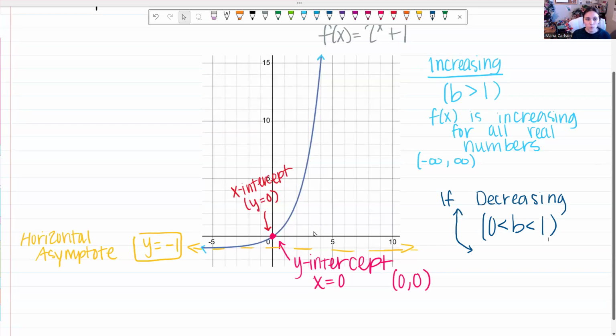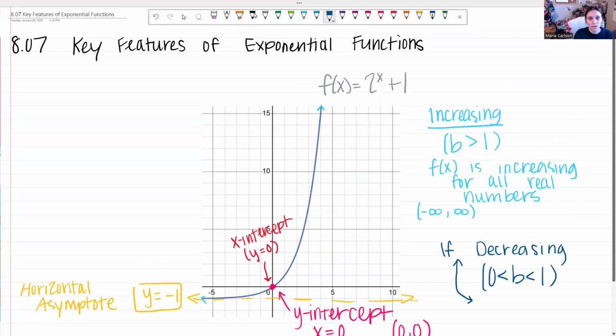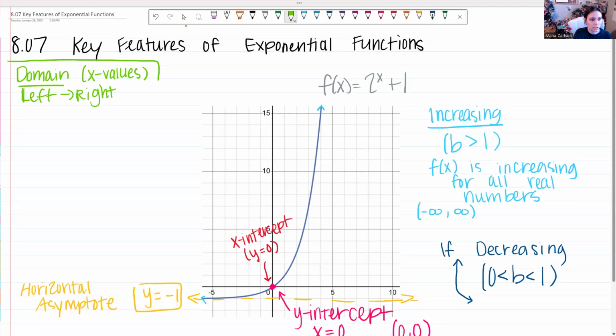Now, within the function, or any function, we can talk about the inputs versus outputs, or the domain and the range. The domain is all of the x values for a function, and we read the domain from left to right, so that I collect the smallest to the largest value.